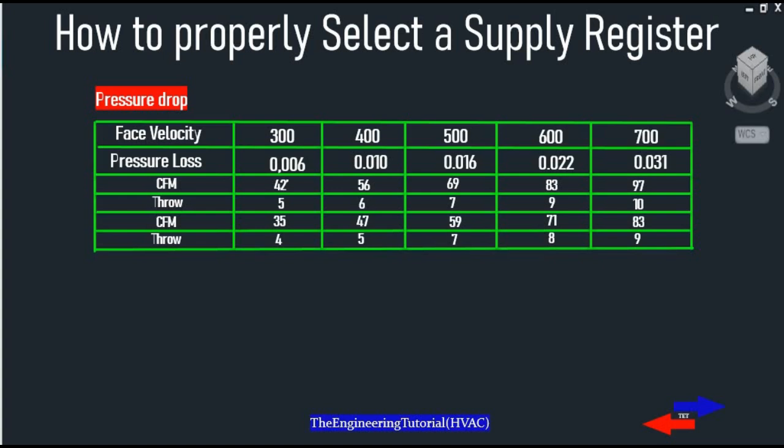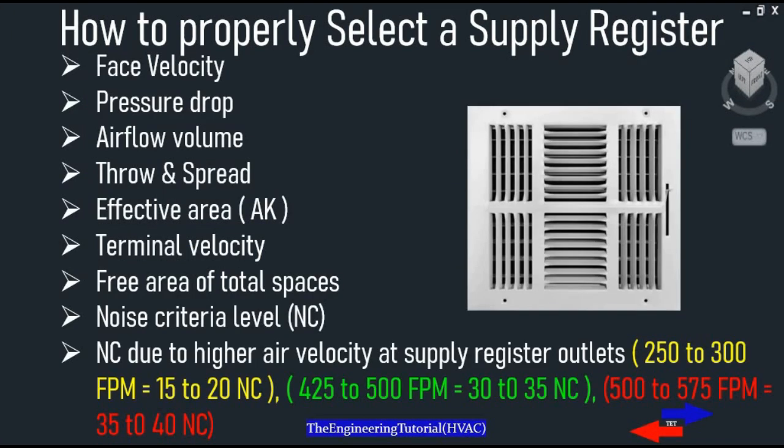If we have a longer distance or taller ceiling, in this case we'll need a higher pressure drop. The third one is air volume. When selecting registers, we have to select the air volume which they are rated for.